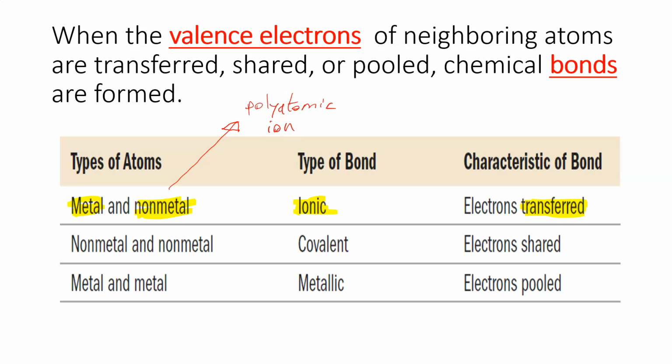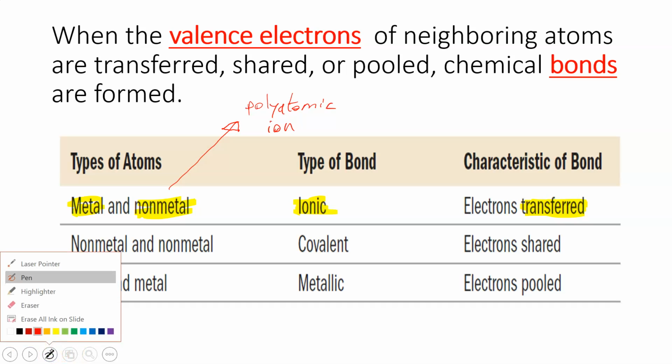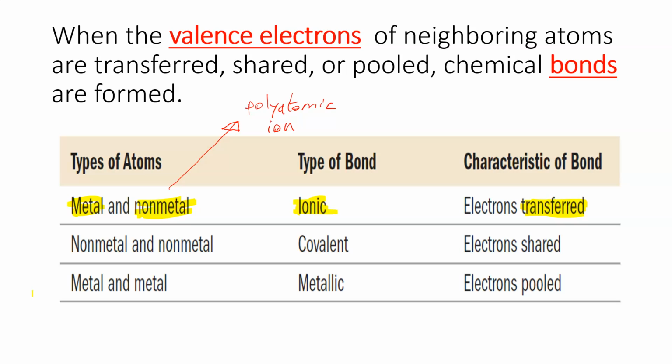It's possible that you would have a polyatomic ion like NH4 reacting with a nonmetal, or with another polyatomic ion, or you'd have a metal like sodium interacting with a polyatomic ion like nitrate. So most of the time we say it is a metal and a nonmetal, but don't forget about polyatomic ions.